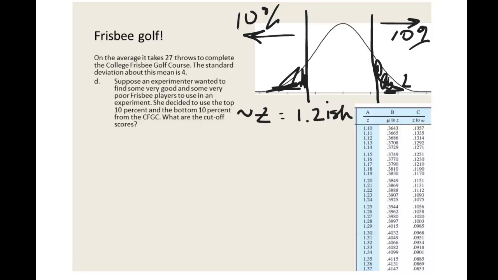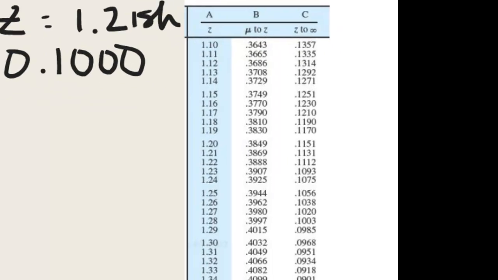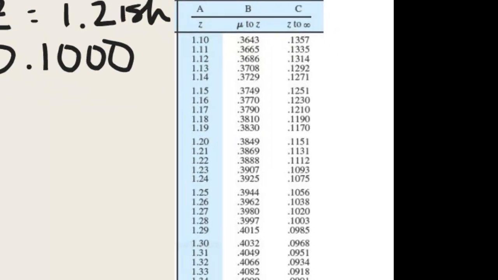So how do we actually figure it out? Well, I've got to look at that area and find the z that corresponds to it. If I'm working with a tail, that's column C. And for 10%, the proportion is 0.1000. So looking along column C, I want to find the proportion that is closest to 0.1003.